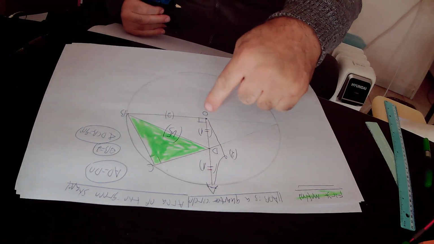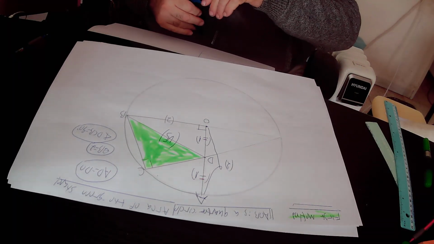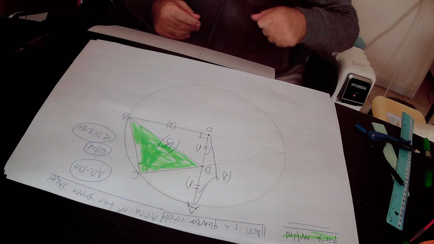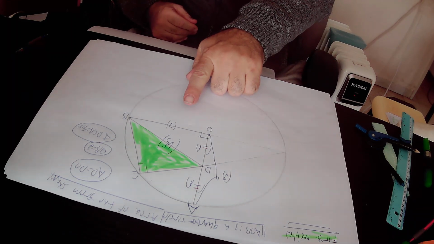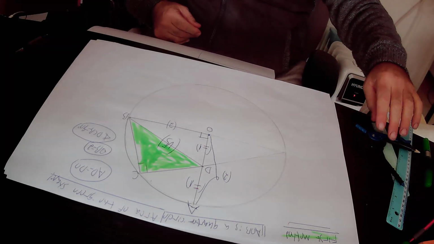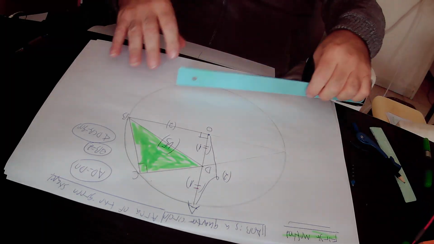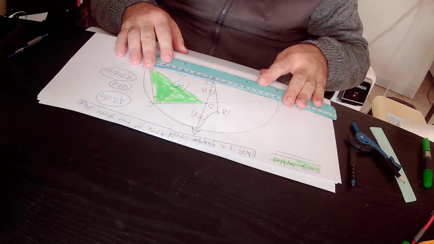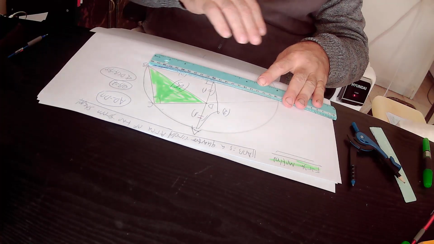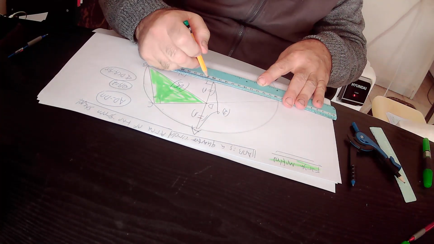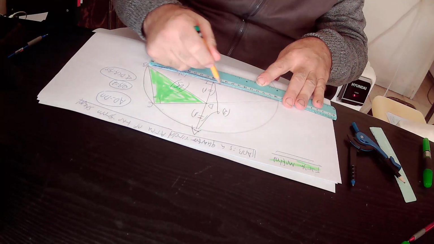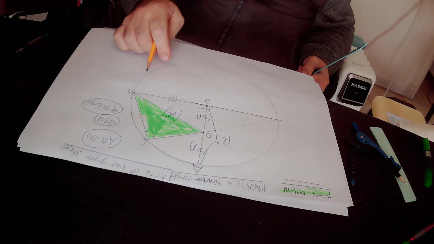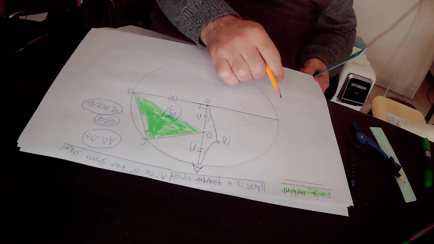So we completed this quarter circle to a circle, and in the next step we will extend the radius BO of this quarter circle by a straight line until it touches the circle. And when we find the touching point of the extended radius BO on this circle, this point is point P.